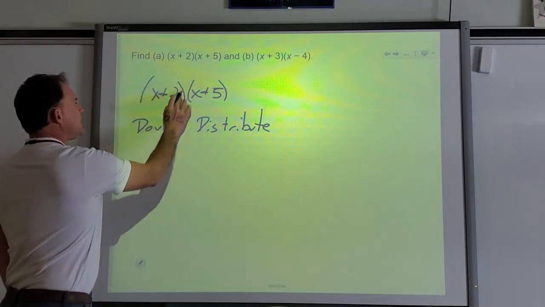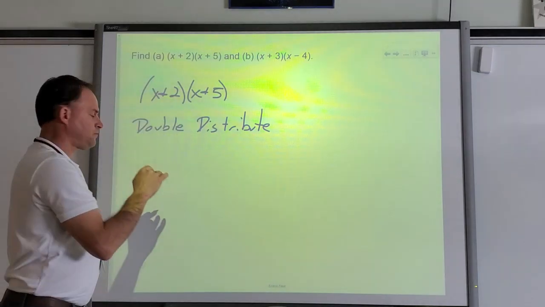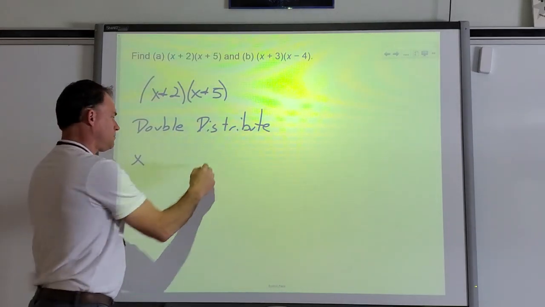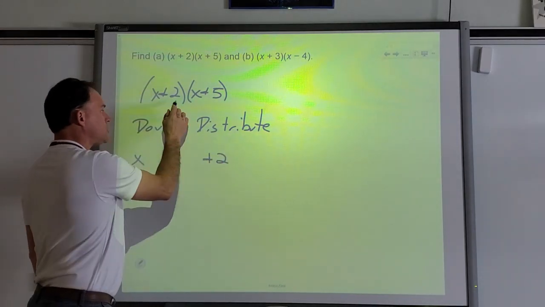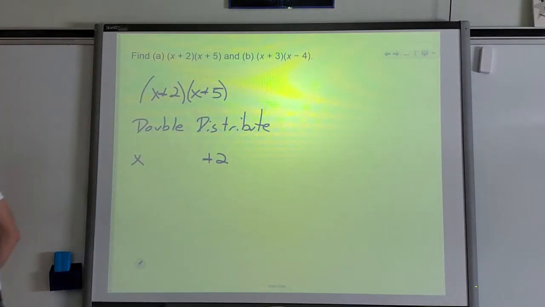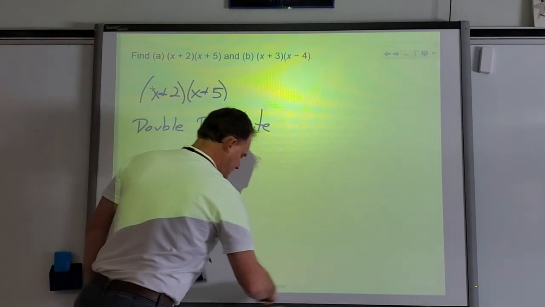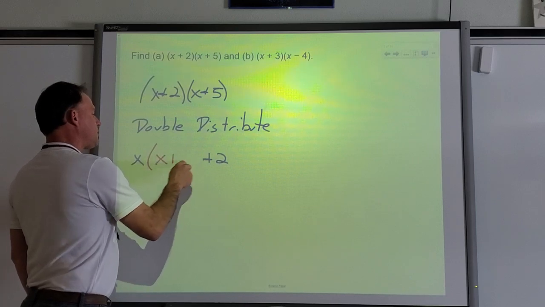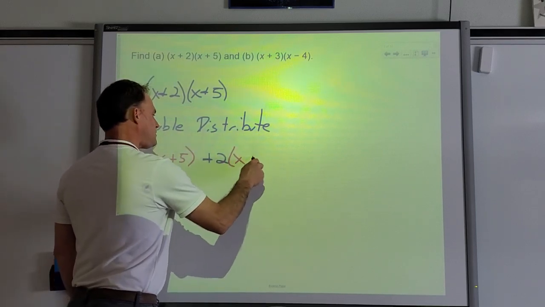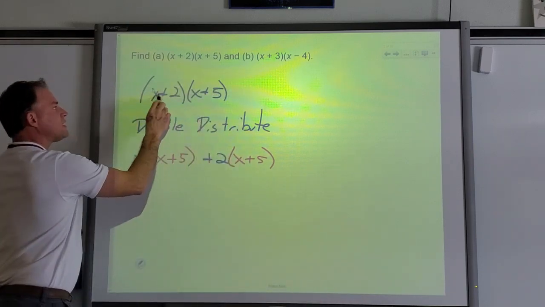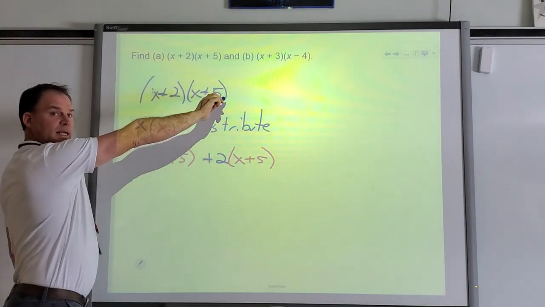So we take this first one and break it into 2 parts. Take the 2 terms apart, and we're going to distribute to the second parentheses. So we are taking this and we are distributing to the second parentheses.